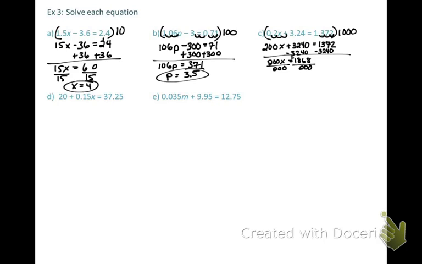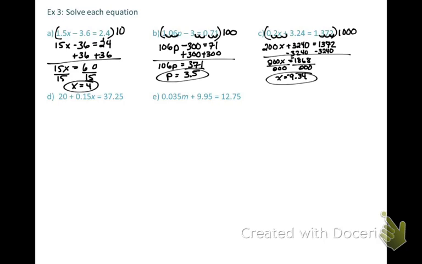Big chance it's another decimal. Yep. X equals 9.34. Is it a negative or a positive? Negative. One's a negative and one's a positive, so it's going to be negative.